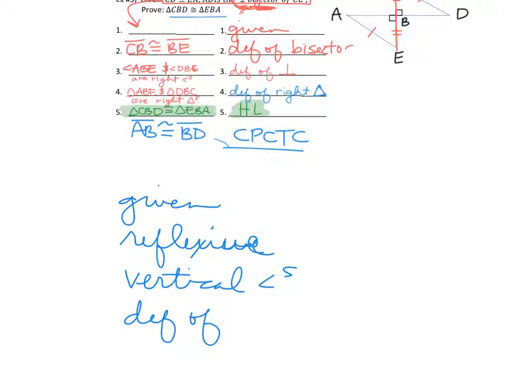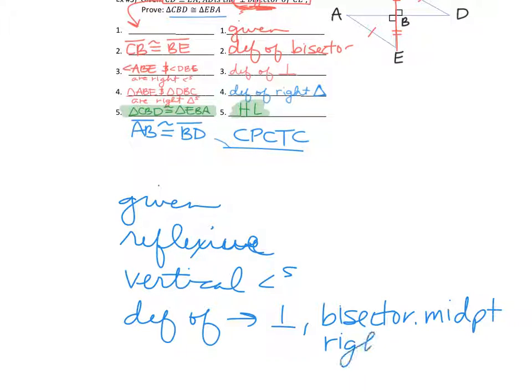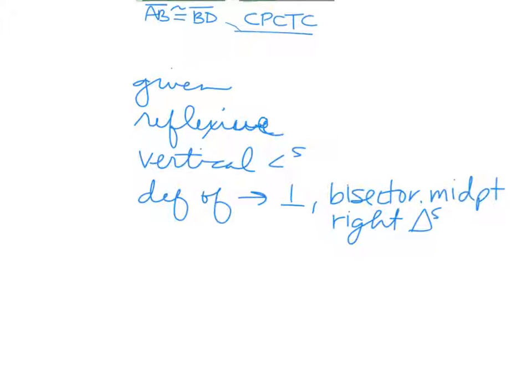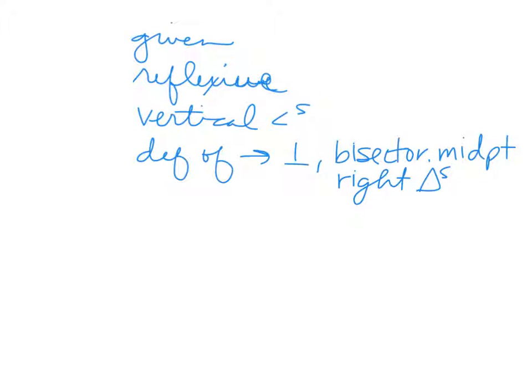Definition of, and then there's a whole slew of them. Definition of perpendicular, definition of a bisector, definition of a midpoint, definition of right triangles. Am I missing any of them?